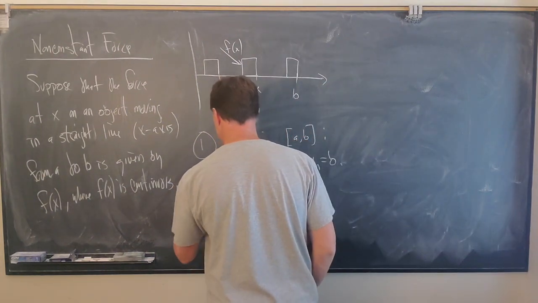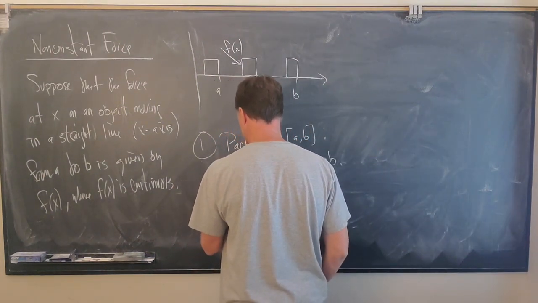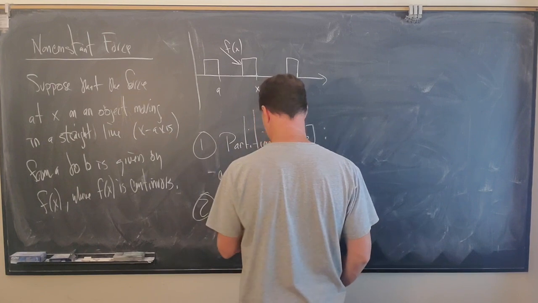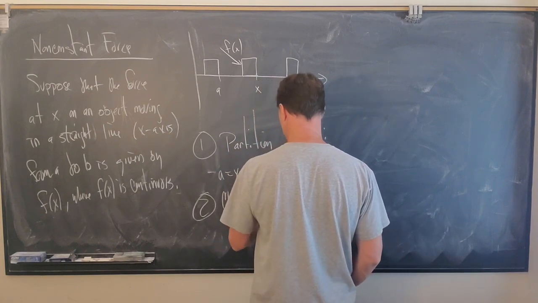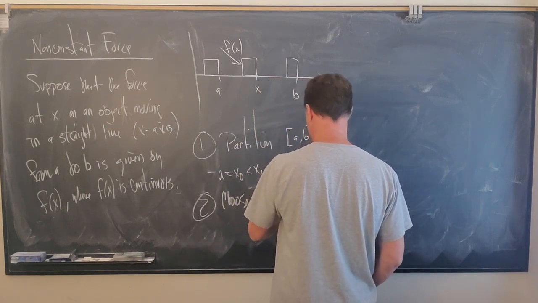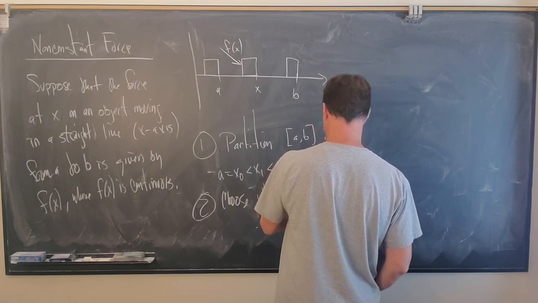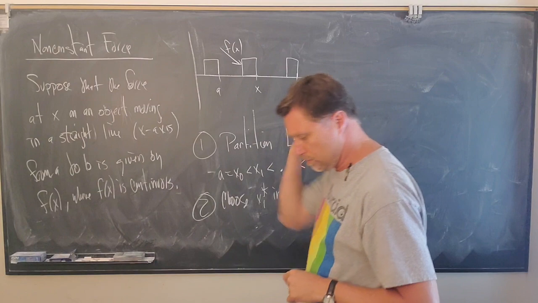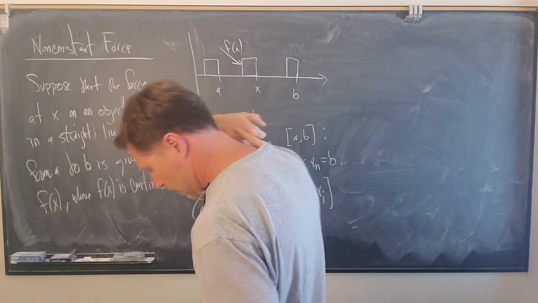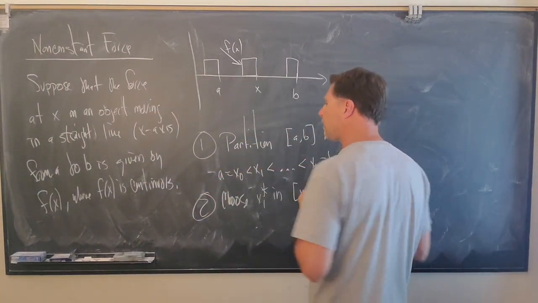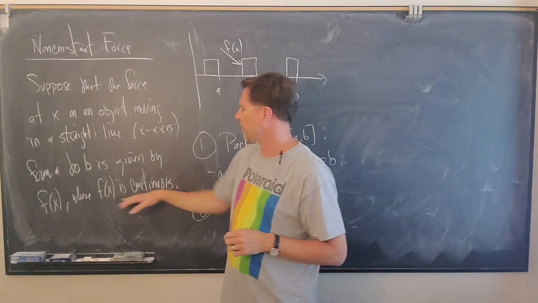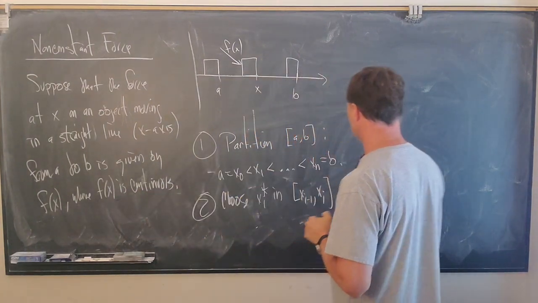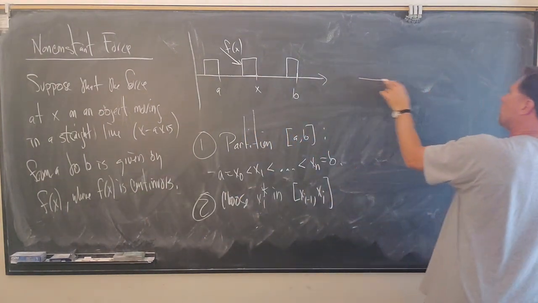Second step, as usual, we want to choose x_i star in the subinterval x sub i minus 1 to x sub i. Now, here's the point. We've required that our function f of x is continuous. Let me blow this picture up a little bit.